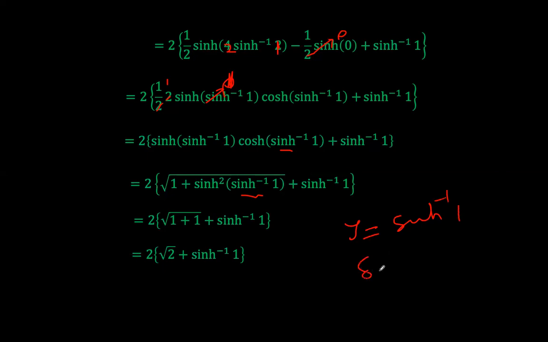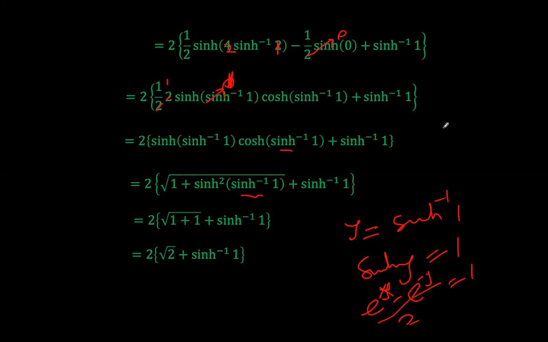that means that sinh of y is equal to 1, and that means that e to the power y minus e to the power negative y, all over 2, is equal to 1.